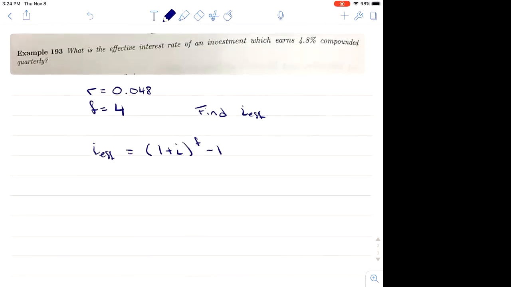So we first have to find I. You can do it inside the formula if you want. We know that I is just R over F, the one we've been using all along for compound interest. So we got 0.048 over 4.